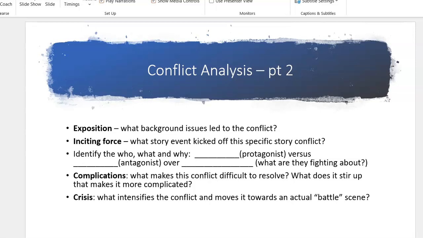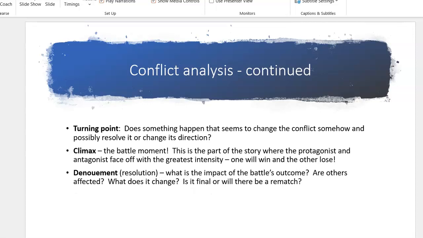And what brings it to the crisis is what intensifies it and makes it actually significant. These things may happen or may not. Sometimes there are turning points. Sometimes it seems like it was going to resolve or change directions, and then it doesn't. Like this story, not so much a turning point.